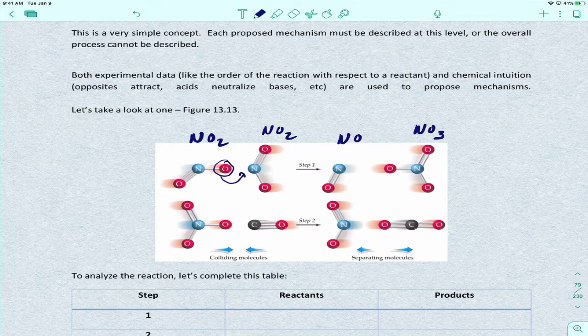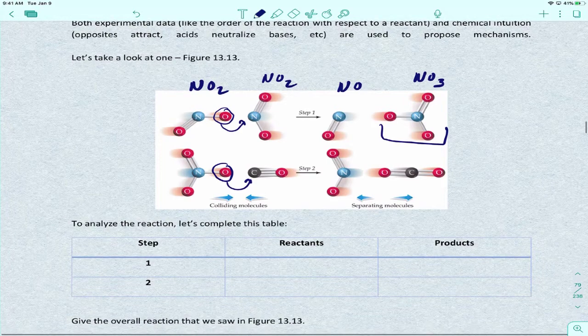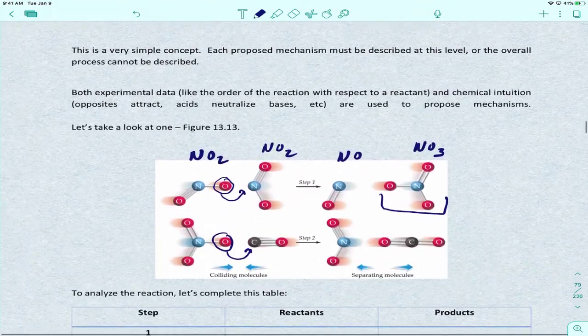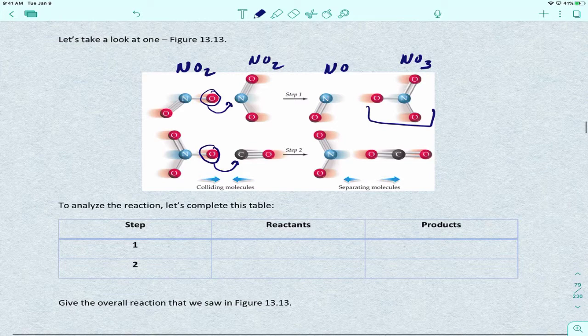Once you make that molecule of NO3, then in the second step, you've got carbon monoxide, and the oxygen from NO3 is transferred over to the carbon, so that's how you form CO2. This is a great way of looking at a mechanism using a picture.